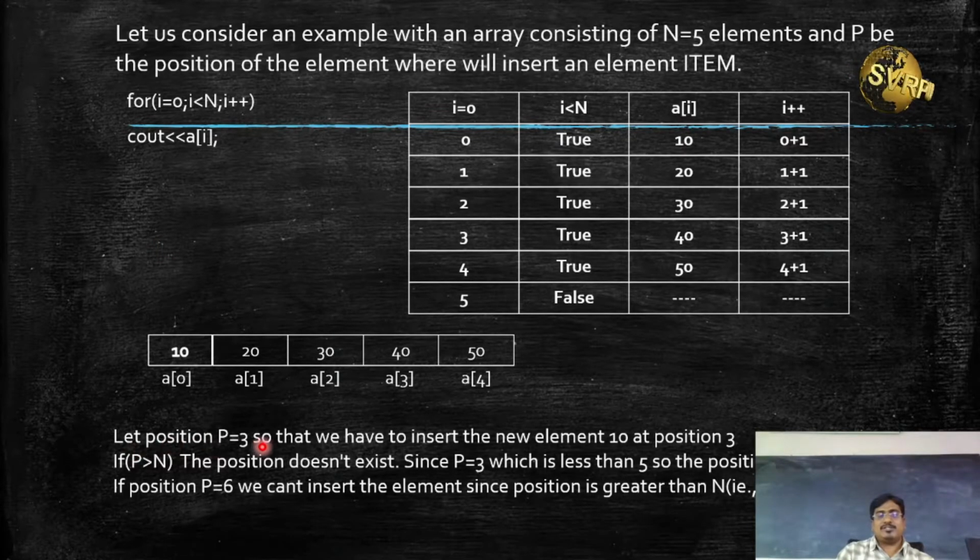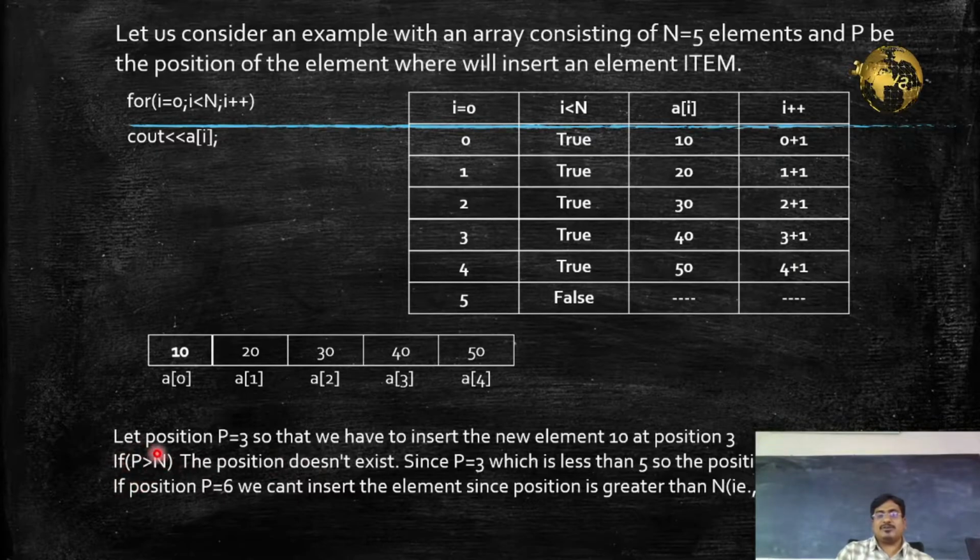Let the position be p, so that we have to insert the new element at position 3. If p is greater than n, the position does not exist. If my position is greater than n, and my n value is 5, and I give my position as 6, then the condition becomes false.